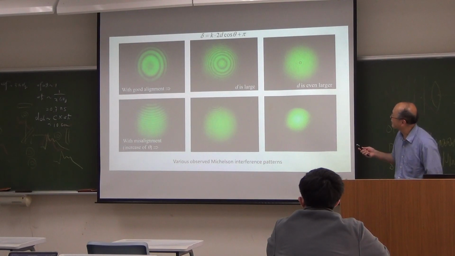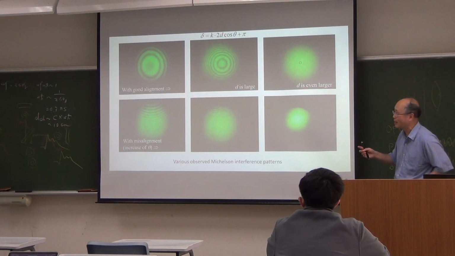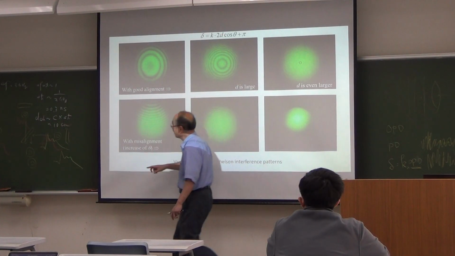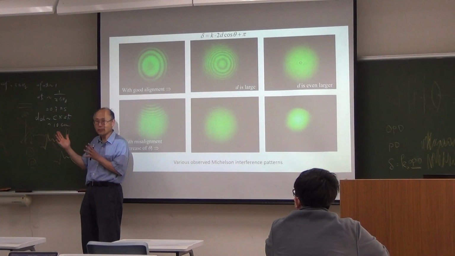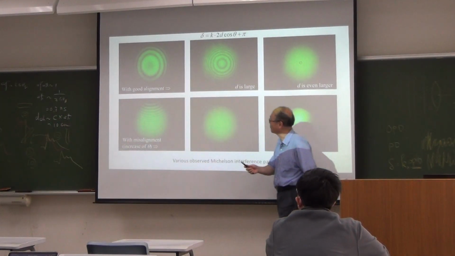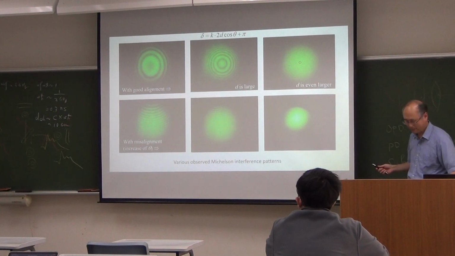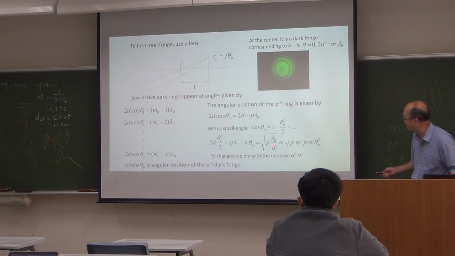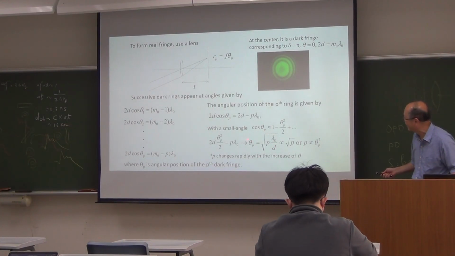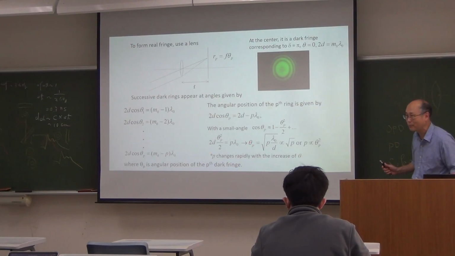Another thing is that if I have a large d, the separation of paths between these two, the change can be fast. When d is big, a little bit of change of theta p will give you a fringe.